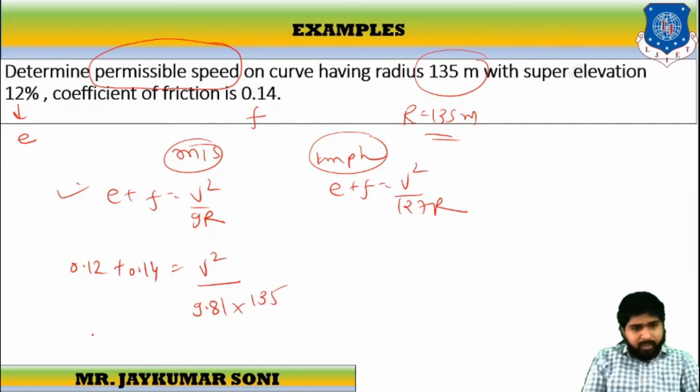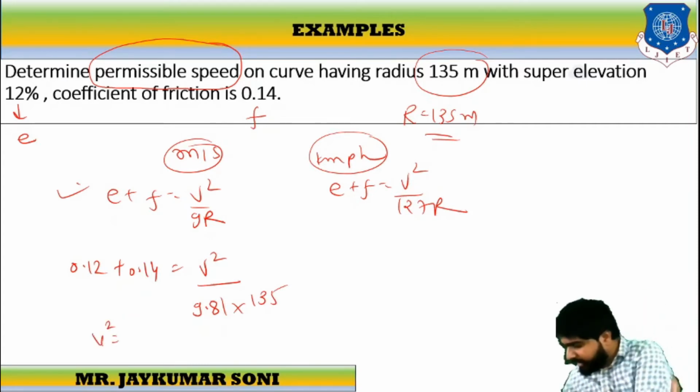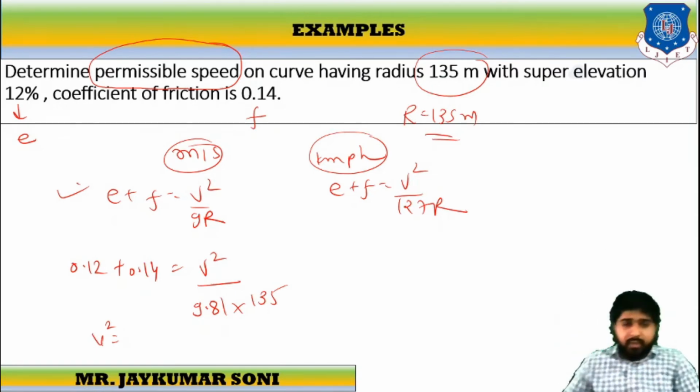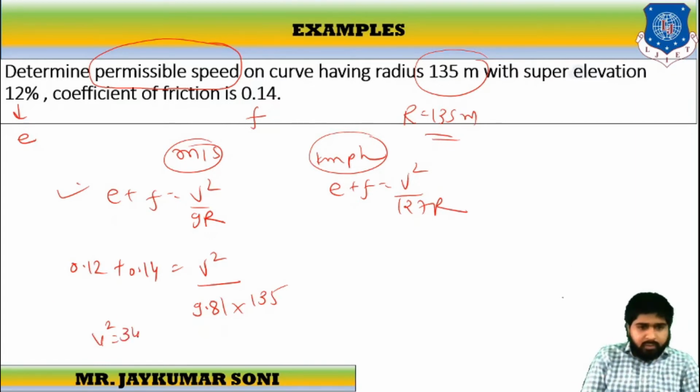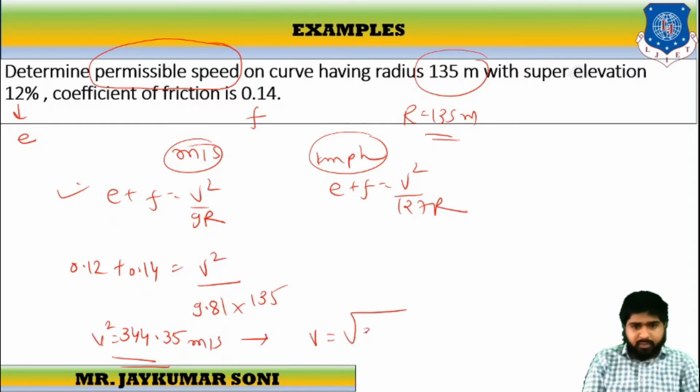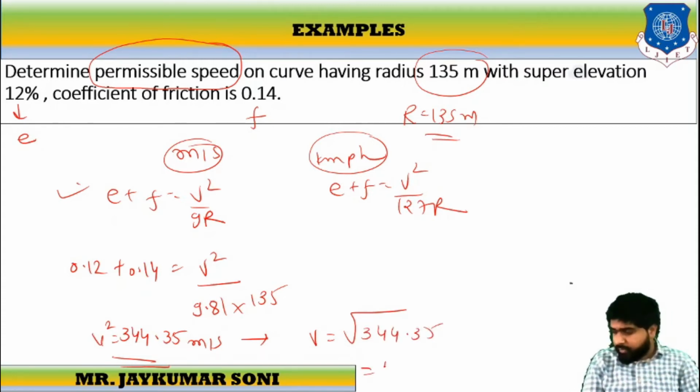So what is the value that I am getting as V square? It is 344.35. This is in meter per second square, right? So V will be the square root of 344.35. So it will be 18.55 meter per second.